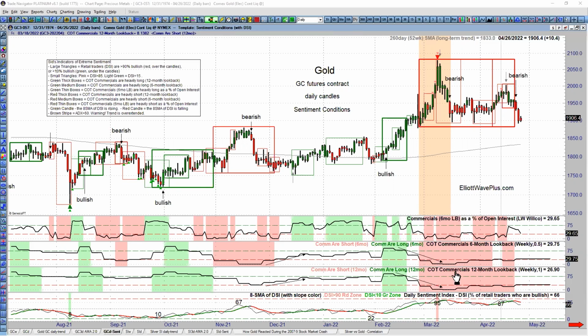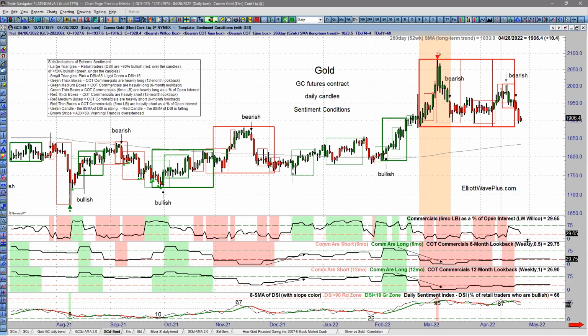They were adding to their hedges so that when the inevitable trend, which went kind of parabolic, ended, they would have some protection for their business.